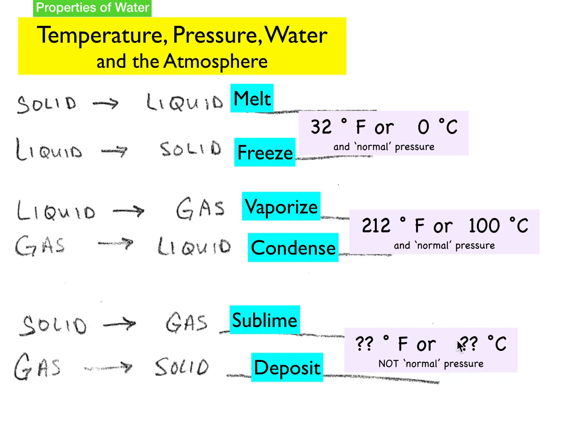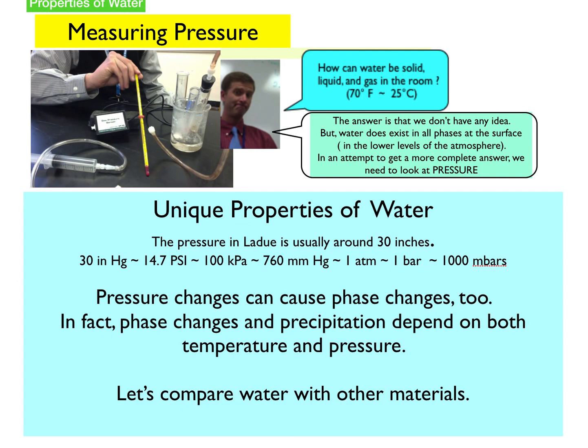That can happen at a lot of different temperatures, but these all depend upon the temperature of the surroundings when the phase change happens. So phase changes not only depend on temperature, they also depend on pressure changes.